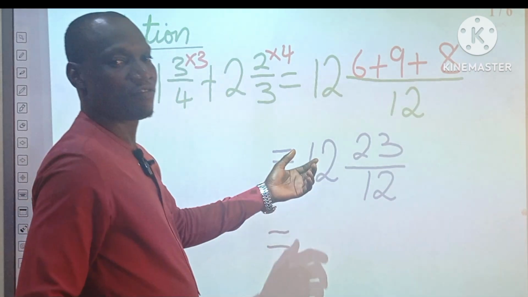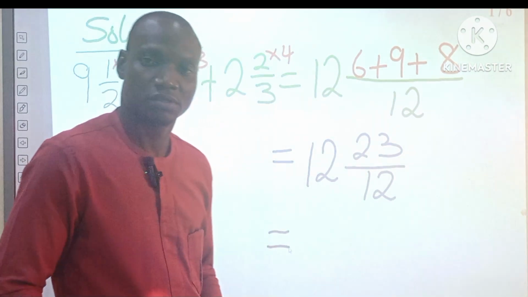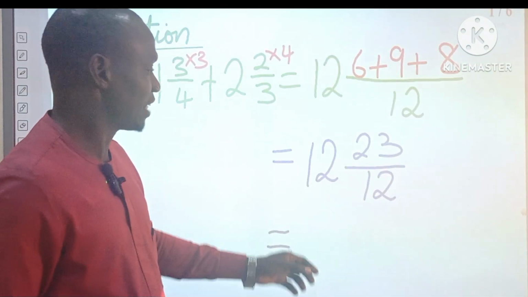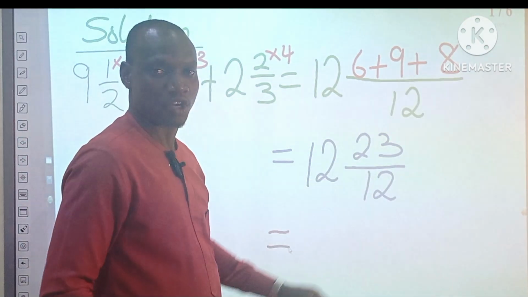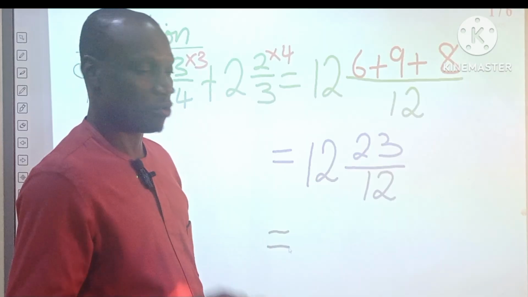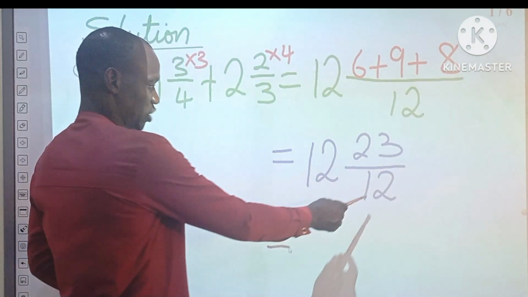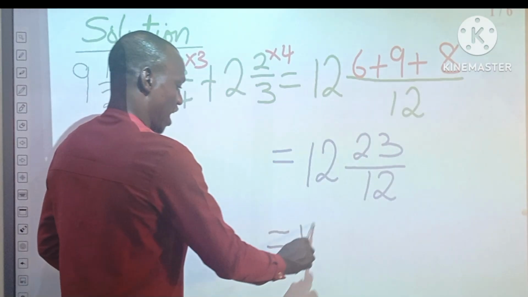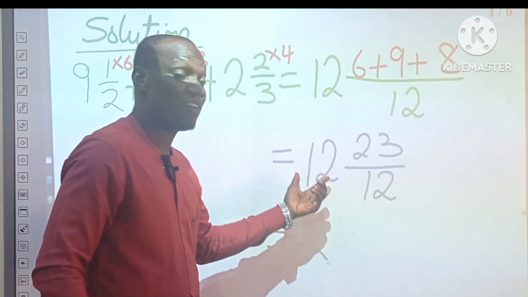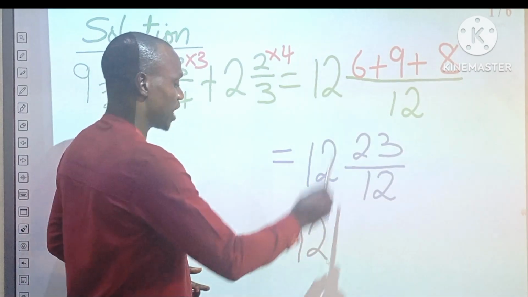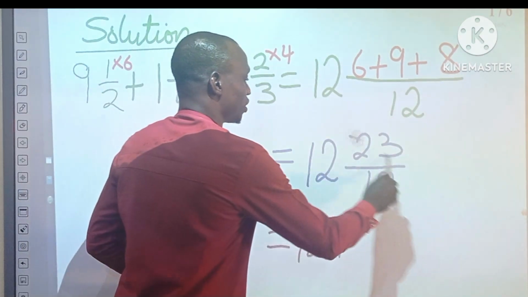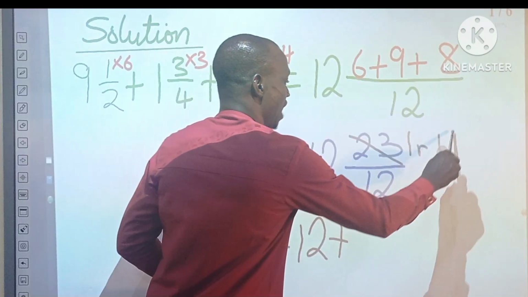Now, in fractions, we cannot leave our fraction as an improper fraction. It is a taboo. So in that case, we must simplify it to become a proper fraction. When 12 goes into 23, we will have 1. Remember, we already have our 12 whole number. So the 1 whole number we get when we divide 23 by 12, we have 1 remainder 11.